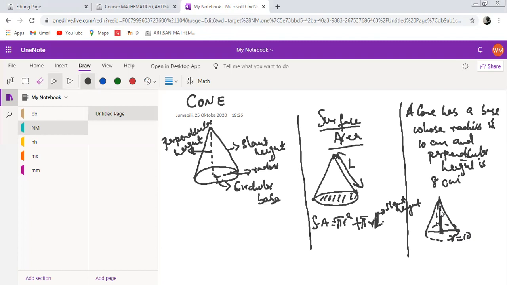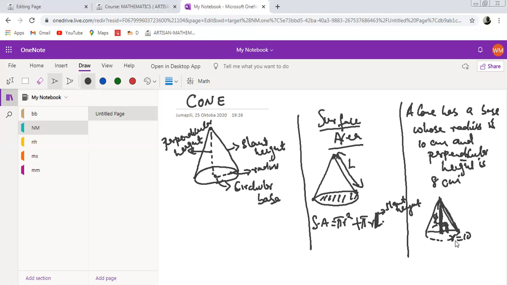So you need to differentiate the two. The slant height is from the top to the circumference of the circle, so it is going to be slanting, whereas from the vertex to the center of the base, this one is known as the perpendicular height because it makes an angle of 90 degrees with the base. This one, you have been told in this question, is 8.